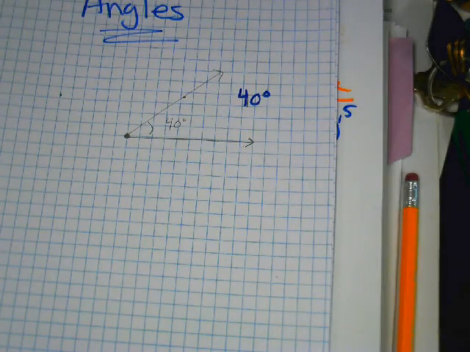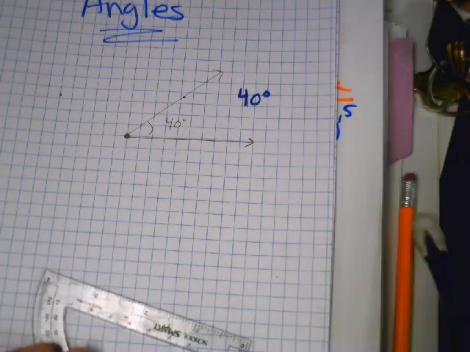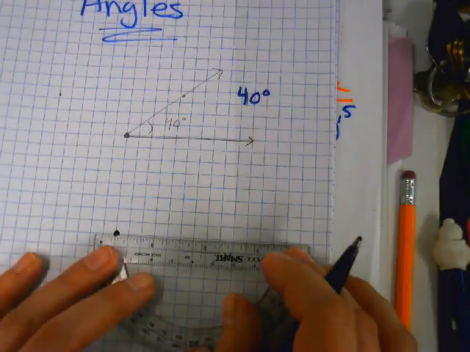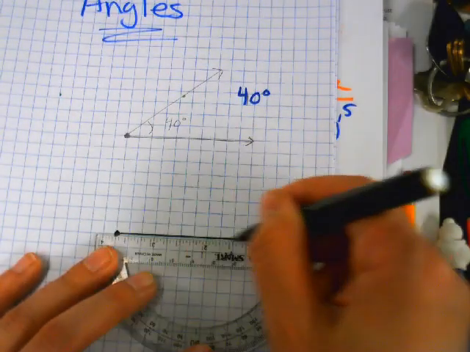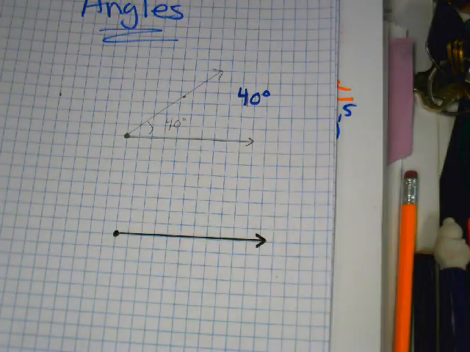We okay? All right. Let's do another dot and a line. A dot and a line, another dot and a line.